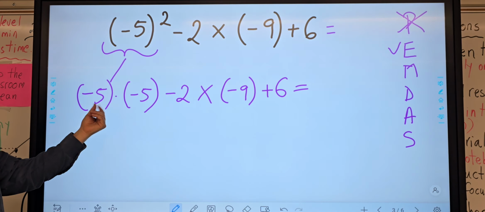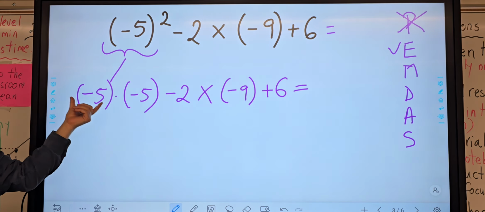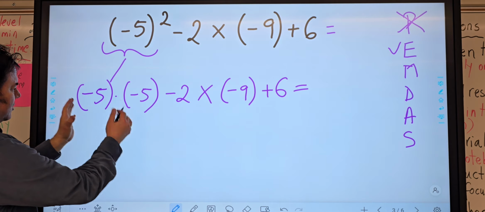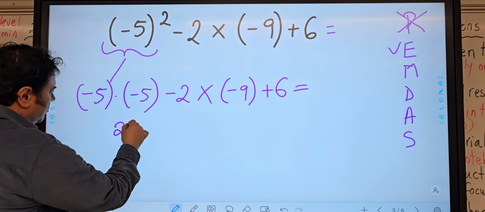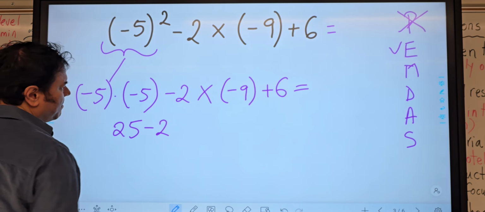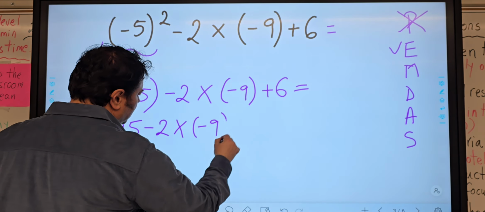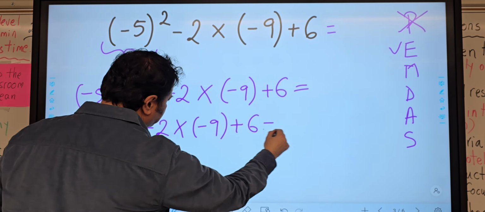Negative 5 times negative 5, a negative times a negative becomes positive, so that becomes 25. 25 minus 2 times negative 9 plus 6.